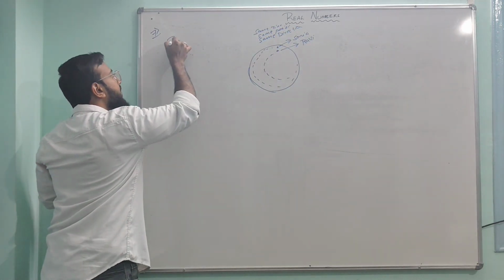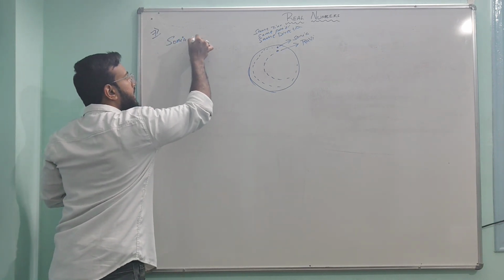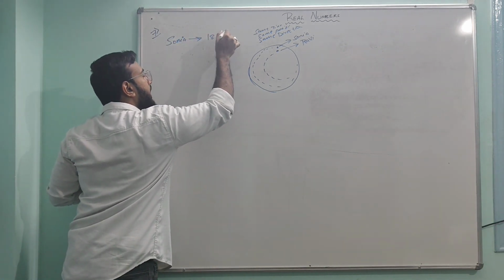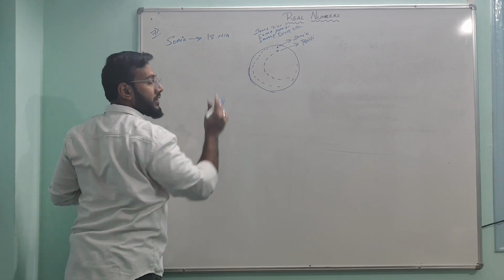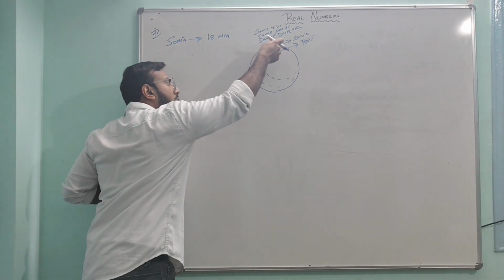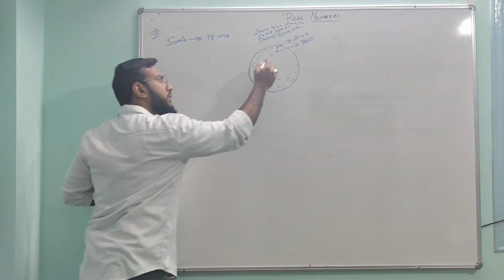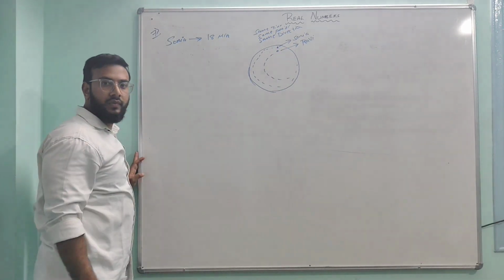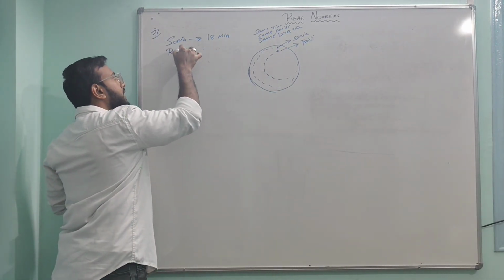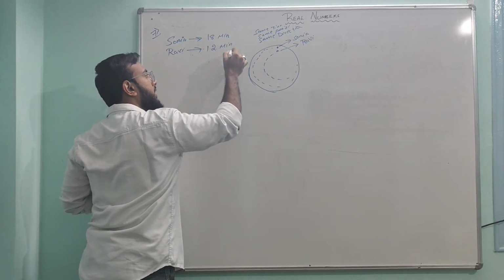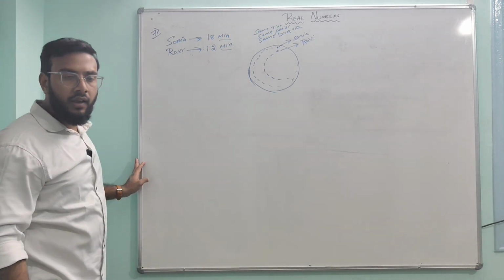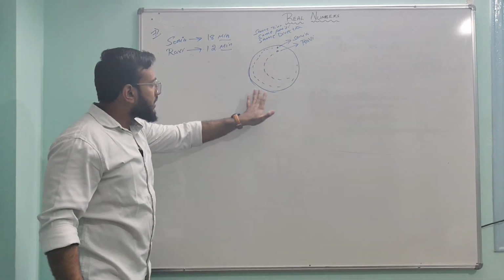Here in the question they have given that Sonia takes 18 minutes to go around the circular path and come back to the starting point, while Ravi takes 12 minutes to come back to the starting point again.